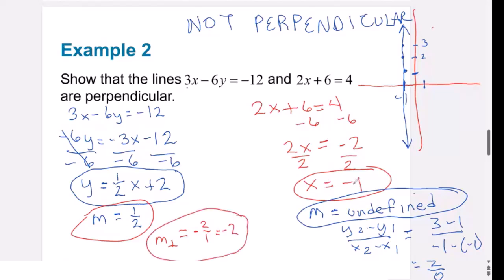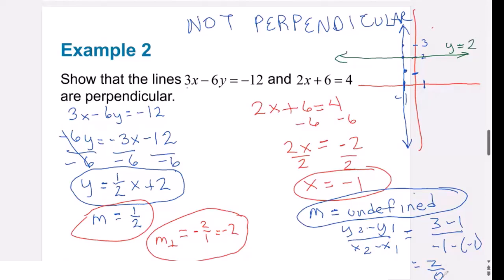The slope of the line perpendicular to x equals -1, I think it's best if I draw it, would be a horizontal line, right? And any horizontal line is y equals some value. And here, y equals 2. And the slope of a horizontal line is 0.